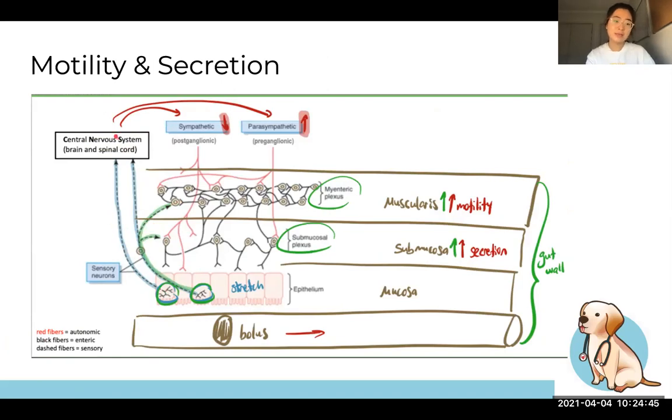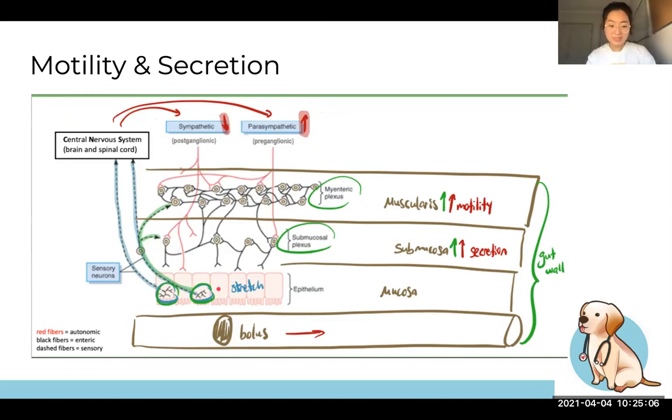If we look at the central nervous system, that will decrease sympathetic activity and increase parasympathetic activity because you are resting and digesting. That will increase both your motility as well as your secretions. So parasympathetic, essentially the central nervous system, does both.